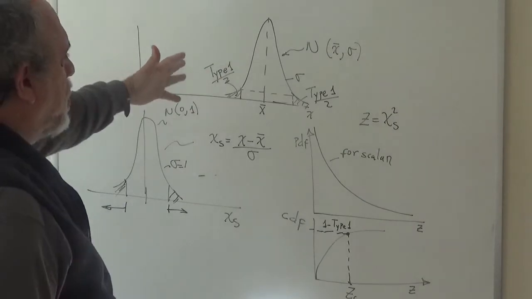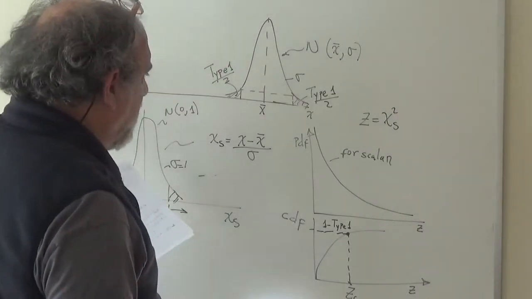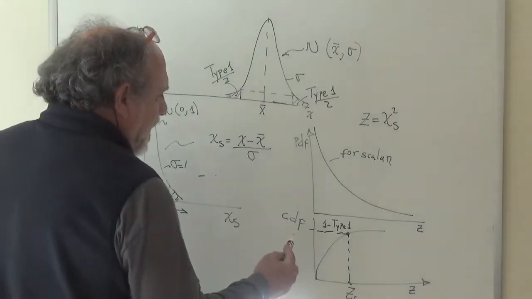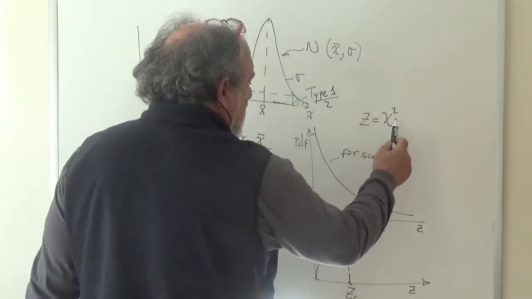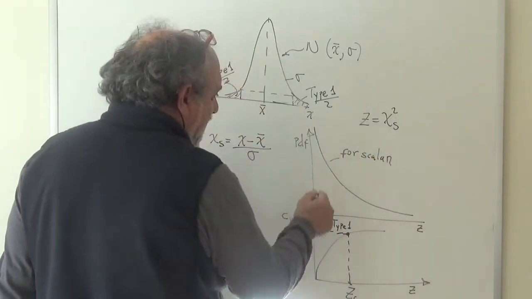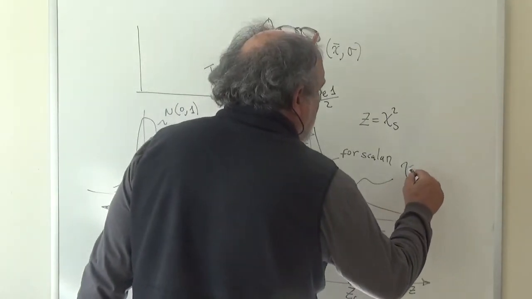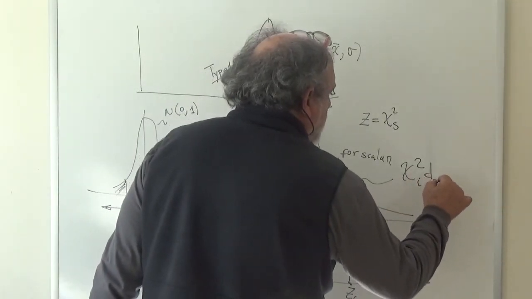I don't need to go to this chi-square distribution, which I guess I haven't labeled. I just said z is equal to x squared, and the PDF of that looks like that, and the CDF looks like that, and this is known as the chi-square distribution.